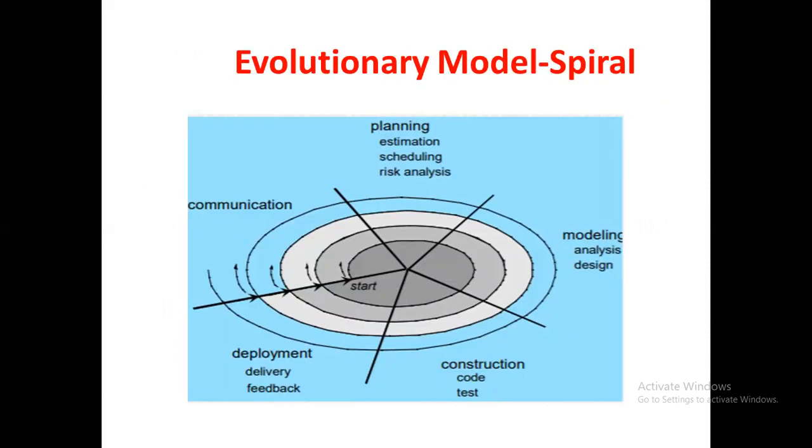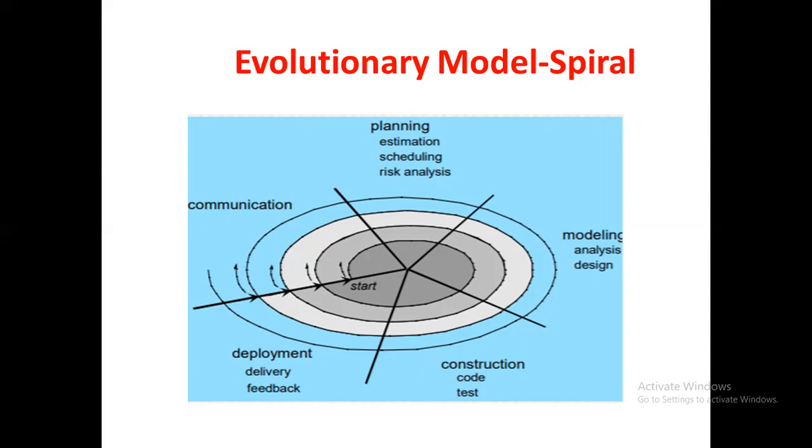In this video, we will be looking at the spiral methodology for software development. The steps involved in the spiral model are communication, plan, modeling, construction, and deployment. When I say communication, we are going to interact with the customer and identify what the requirements are.